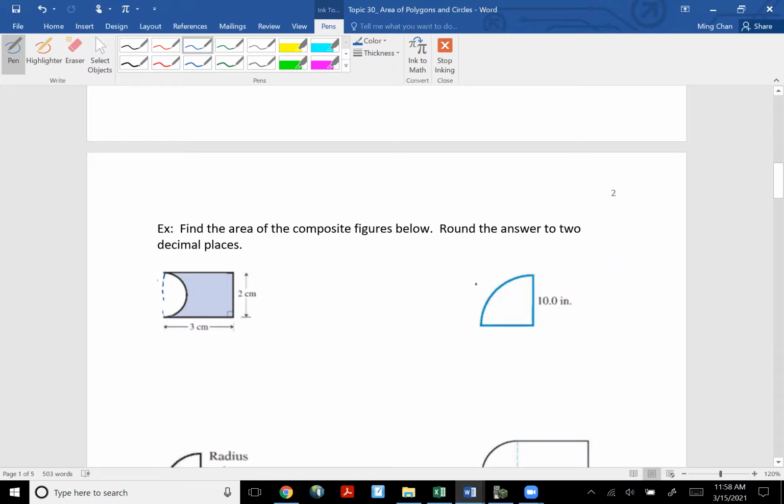Whenever you have a shape within another shape, you subtract their areas to find the remaining part. Since the rectangle is bigger, I will take the area of the rectangle and subtract off the area of that half circle.